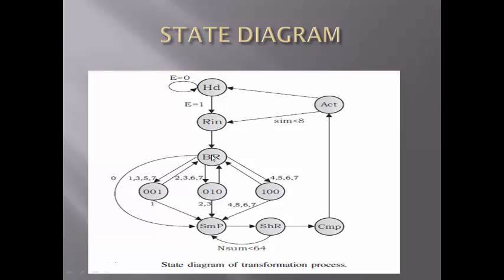The state BR determines the transformation to be applied, and depending on the transformation it moves to one of the states 001, 010 or 100. For example, to complete transformation 5, that is 101 in binary, it will be necessary to pass first to the state 001 and then to the state 100.